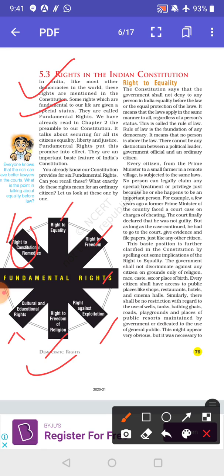So if any of the other rights are violated, the right to constitutional remedies can be used, and a person can move to the court.